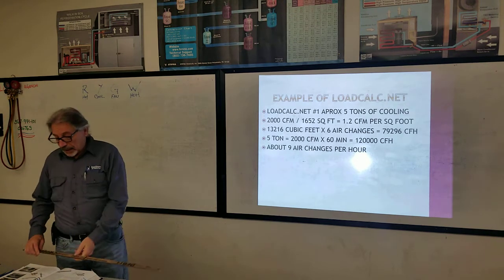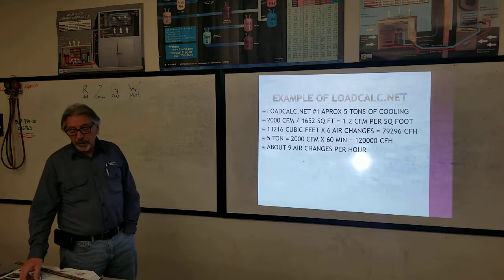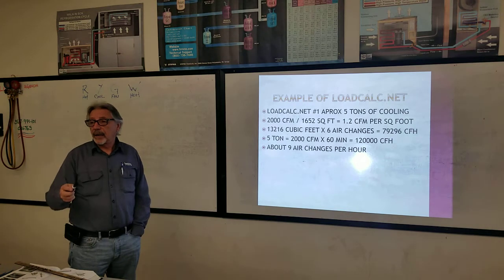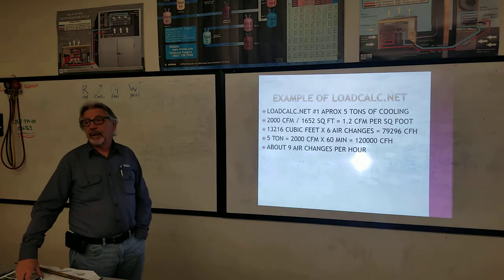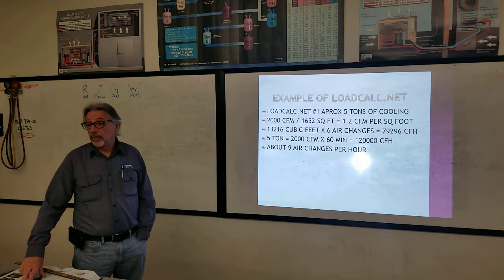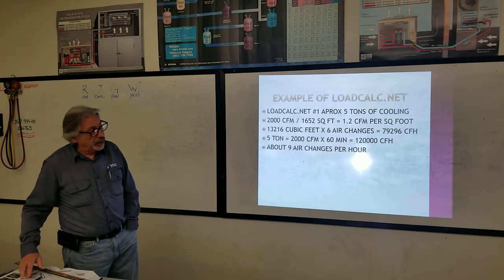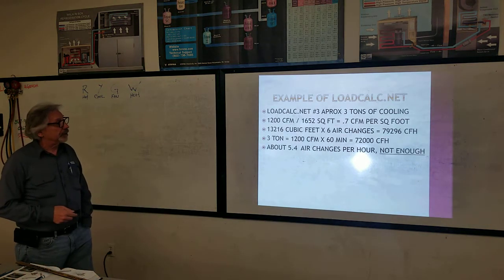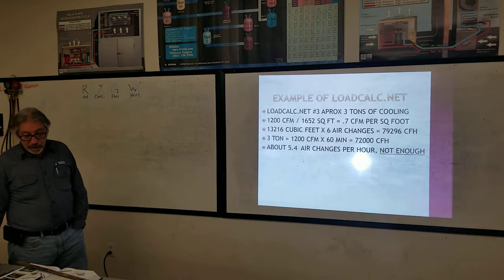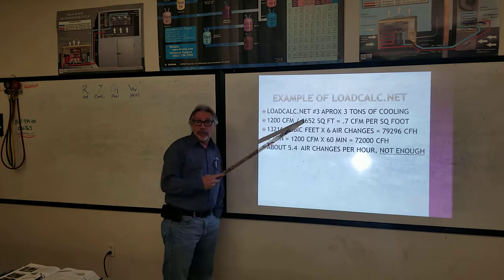So in that case, we have to make sure that we move enough air out of that house to not have that stagnant air, that moisture problem, or that mold problem, right? You can be really super efficient, more efficient than the 3 ton that we put on load calc.